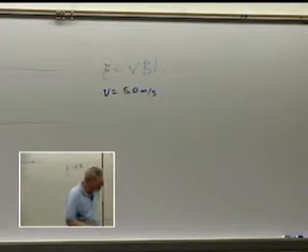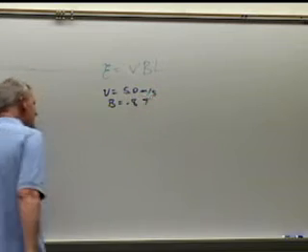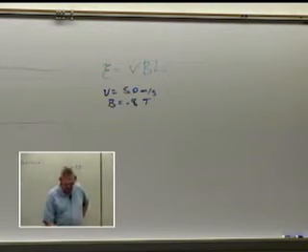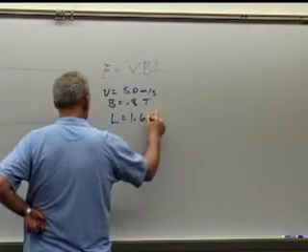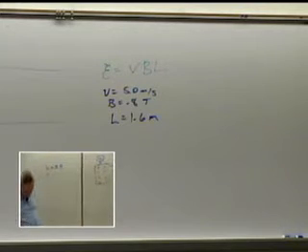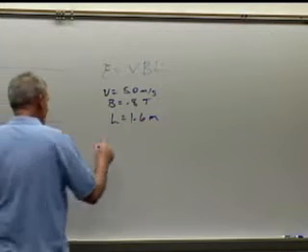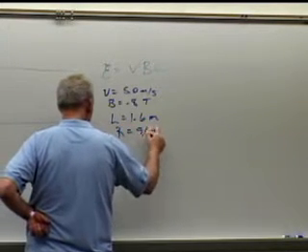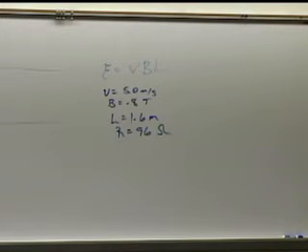We've got a magnetic field, B equals 0.8 Teslas. The length of the rod is 1.6 meters. The light bulb has a resistance of 96 ohms, and it says find the EMF produced by the rod.